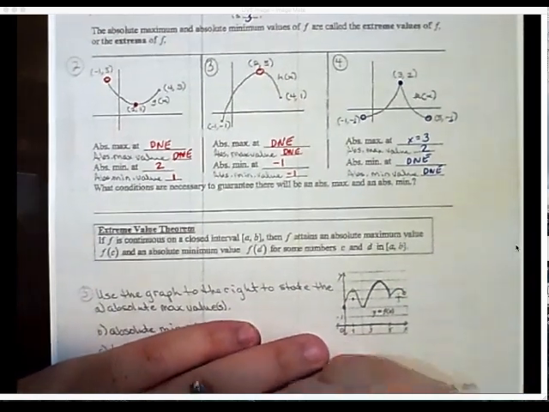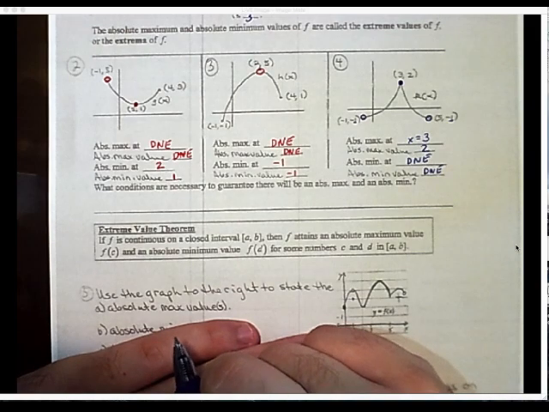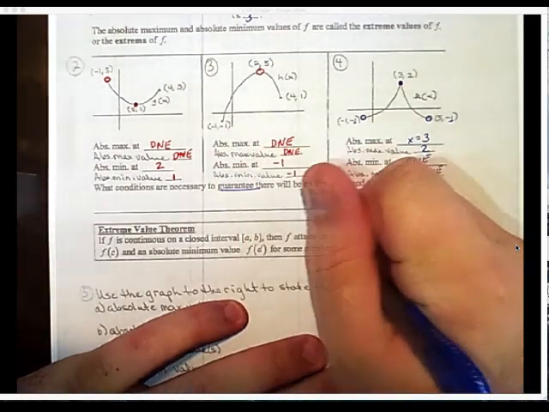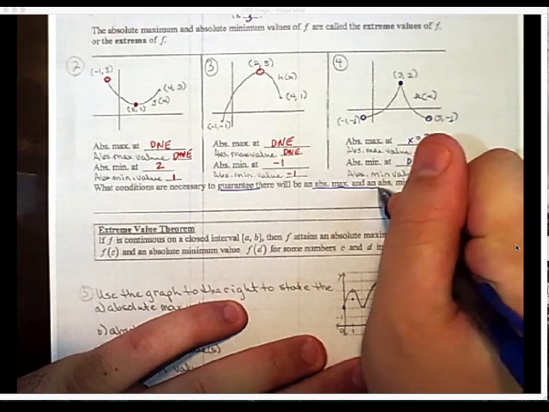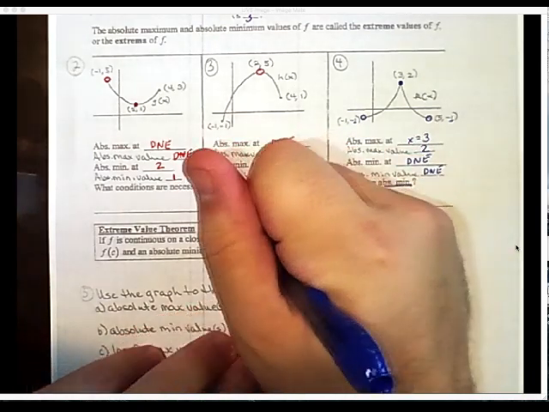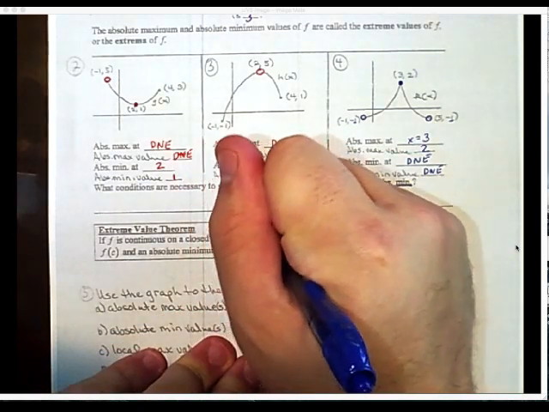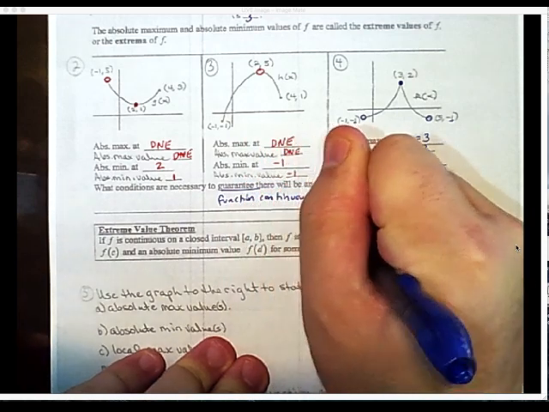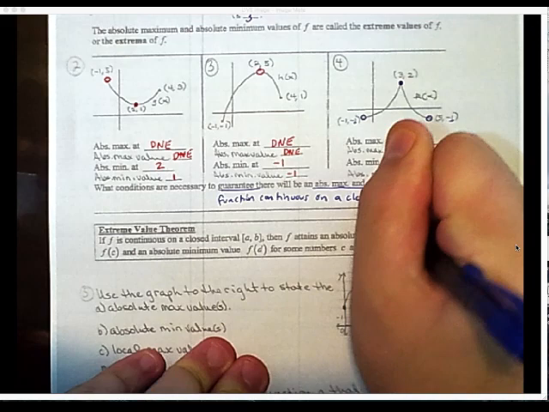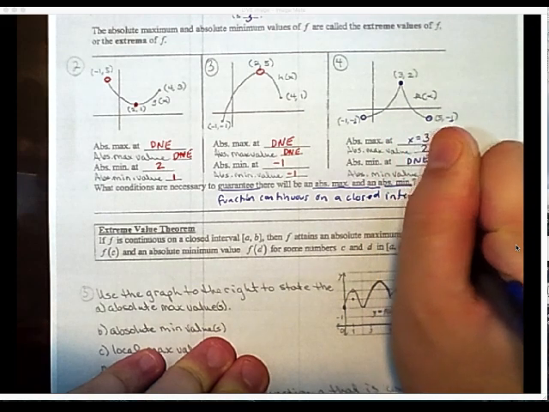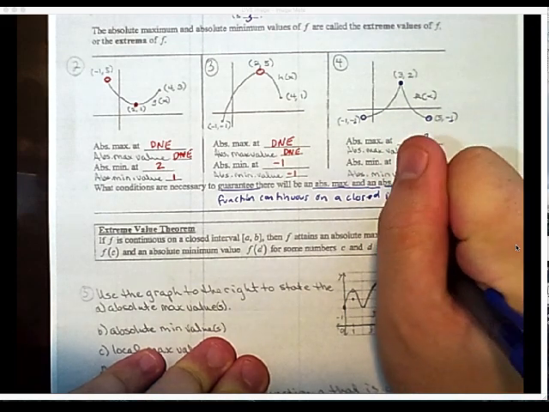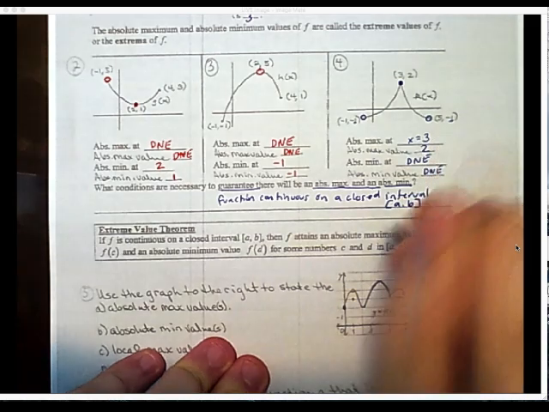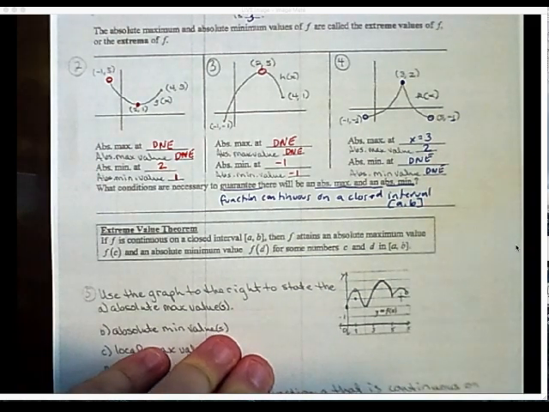And what conditions are necessary to guarantee that there will be an absolute max and an absolute min? So we need the function to be continuous on a closed interval a to b. That's what we need.